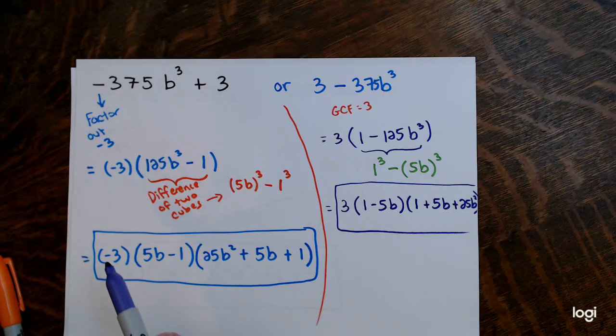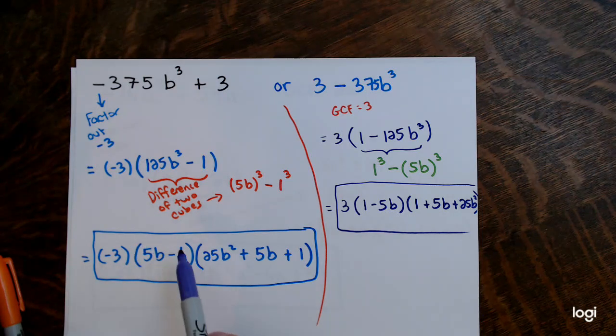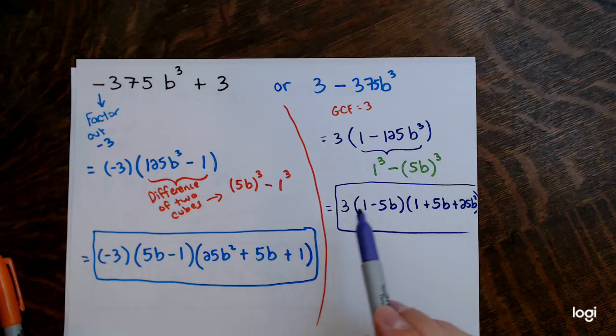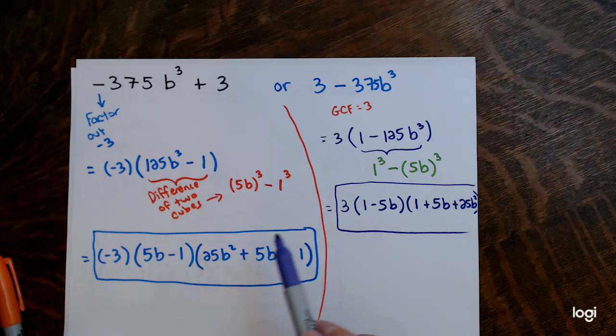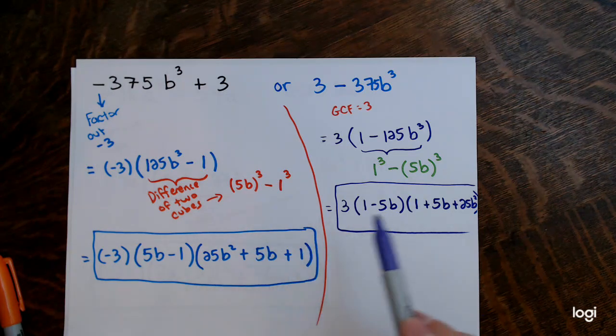But that would be the same if I took, this one has a negative 3, this one has a positive 3. Anytime you have a negative sign, it's just like saying times negative 1. If I were to take this minus sign here and distribute it to the 5b minus 1, I'd get negative 5b and then plus 1. So these, in fact, are the same expression.